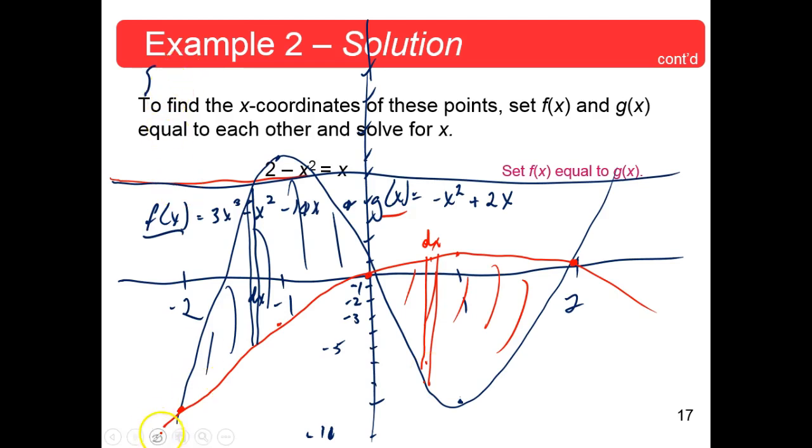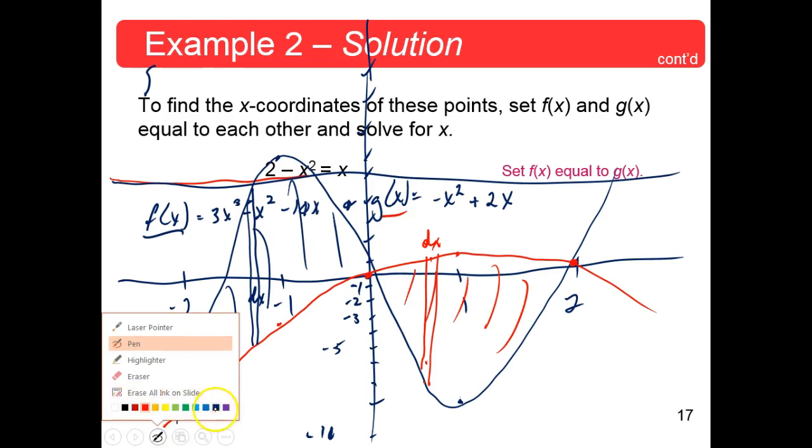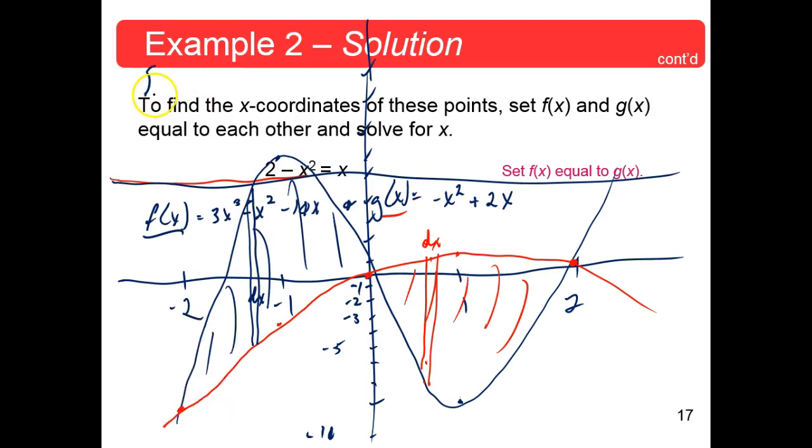So how will these play out? Let me get my color back. What's the first interval? From -2 to 0. Those are the limits on our x. Since we're using dx, that's what we measure. The limits will be on x. And what will it be?